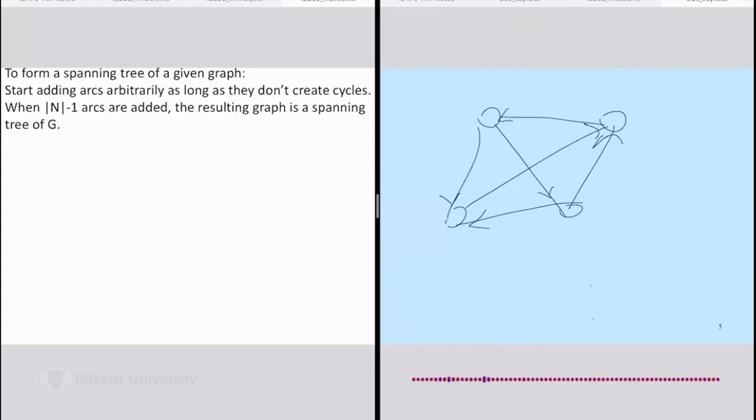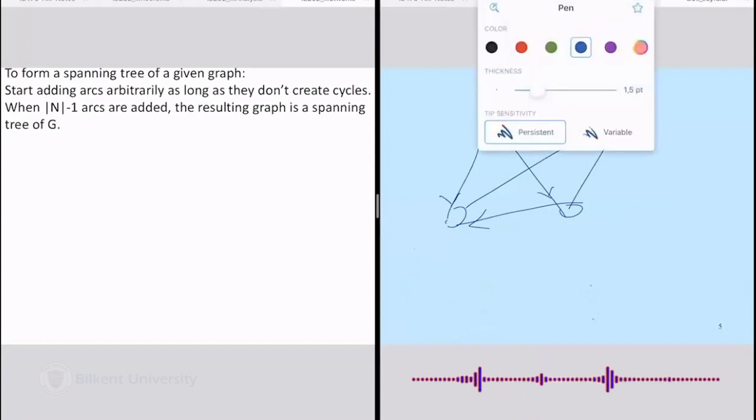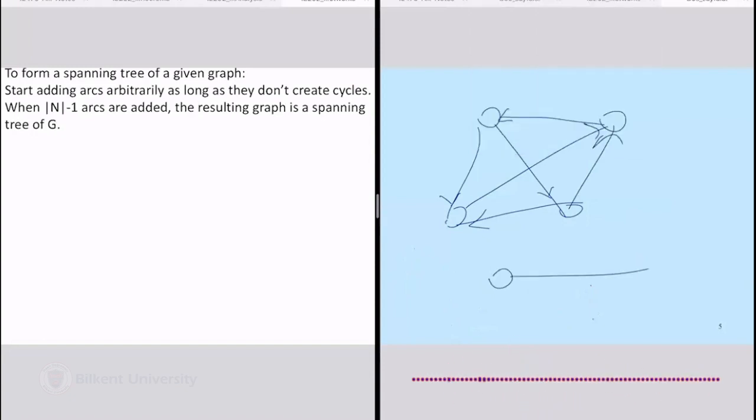I'm trying to create a spanning tree of this graph. First of all, I'll put my nodes, oopsie, not arcs, but nodes, hanging out there, because at the end, I need a spanning tree. That means I have to touch all my nodes, right? So just to remember not leaving one aside, I'm just drawing them first of all.